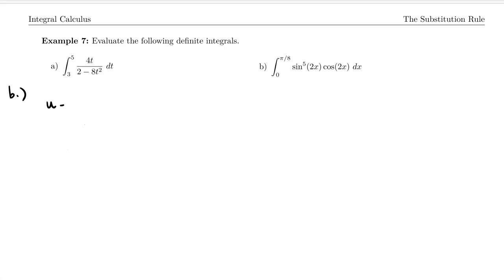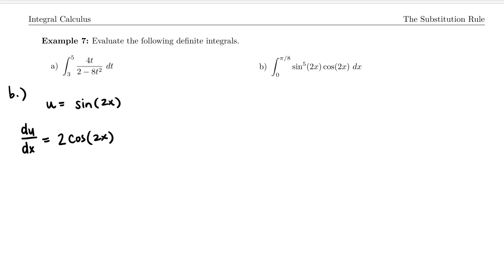Instead, what I want to do is I'm going to start off by making u equal to sine of 2x. And here, the reason that I'm doing that is because when I take the derivative of that, du dx ends up equaling, the derivative of sine is cosine. I have 2x, and then I need to use chain rule.